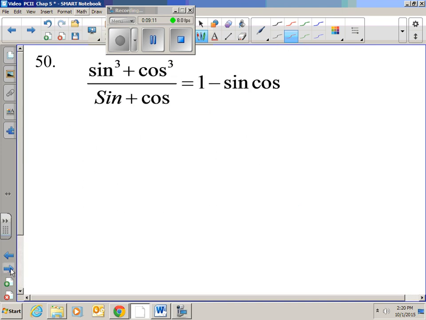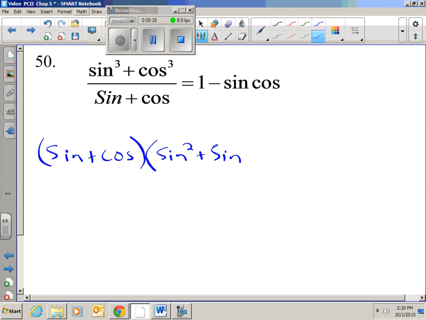Let's do one more. And this one, we're looking to factor. We do see up top I have a sum of cubes. I'm hoping you remember your factoring for a sum of cubes. If I factor sine cubed plus cosine cubed, this is going to be sine plus cosine times sine squared plus sine cosine.